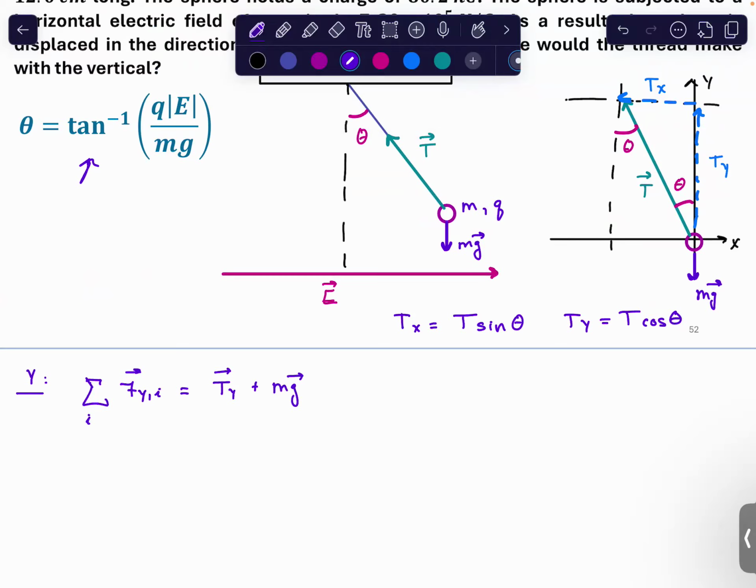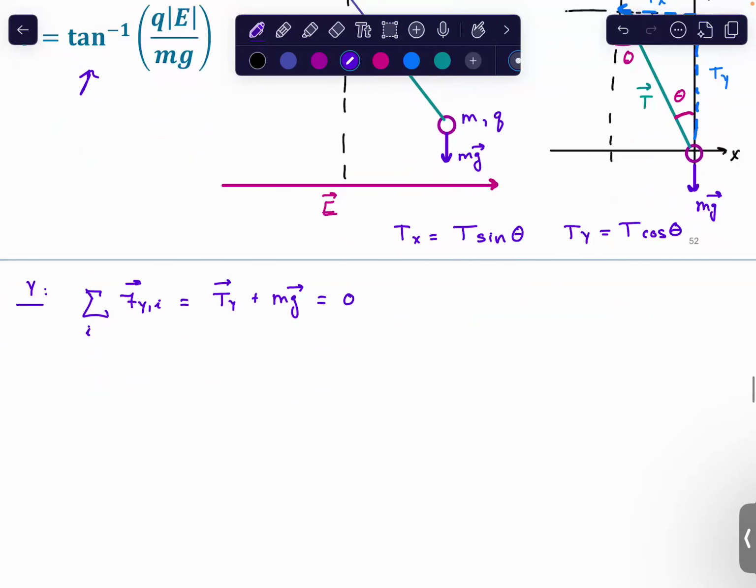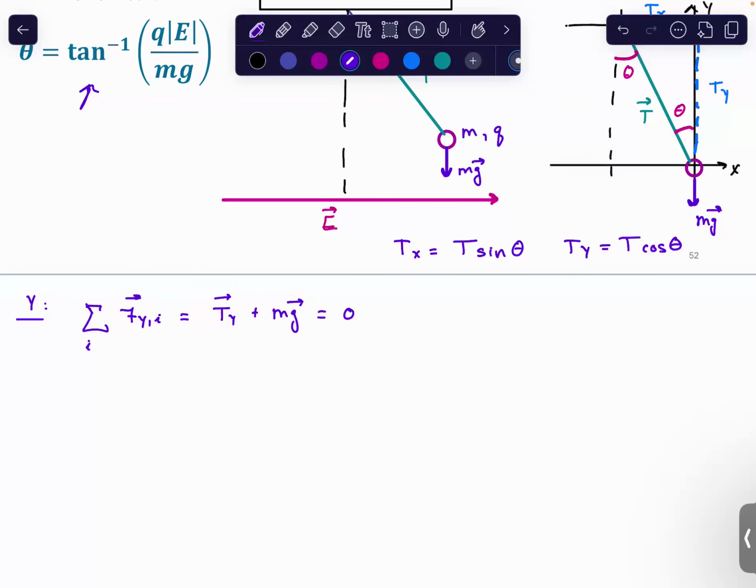And if this sphere is just hanging there, what does this all equal? 0, because it's a static system. Now we think about which way everything is pointing. So that's going to be Ty minus mg equals 0. Why did I do that?